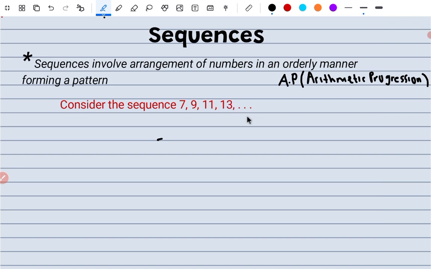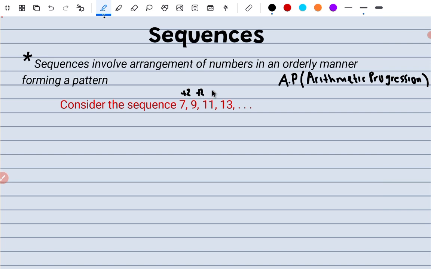Under the arithmetic progression, you can figure out what the next number in the sequence will be. From 7 to 9, they are adding 2, 9 to 11 they are adding 2 as well, 11 to 13 was an addition of 2.